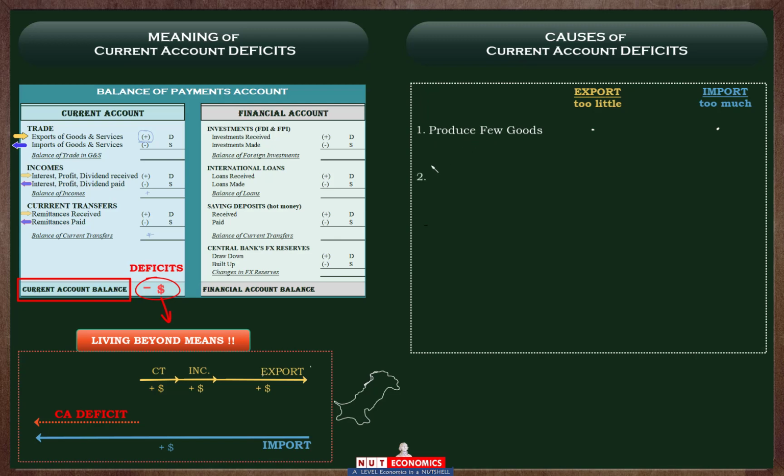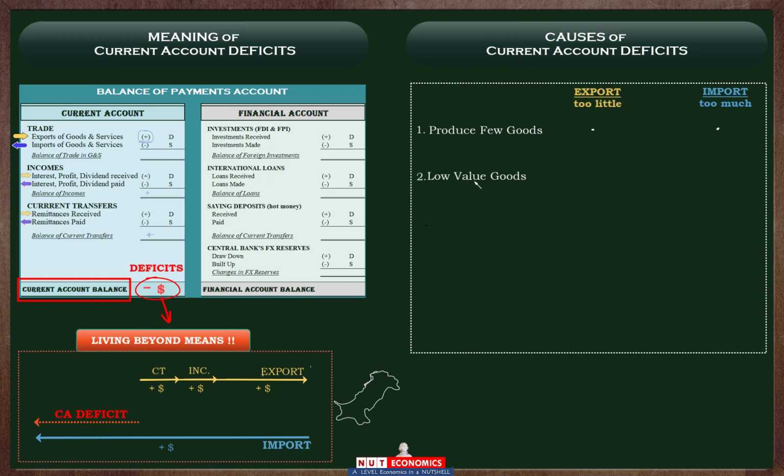Now, the second reason why these countries get into a current account deficit is, as I said, they are agricultural economies. The majority of their output is agricultural goods, and therefore the majority of their exports are also agricultural goods. And the problem with agricultural exports is that they are considered to be low value goods, these crops and fruits and vegetables.